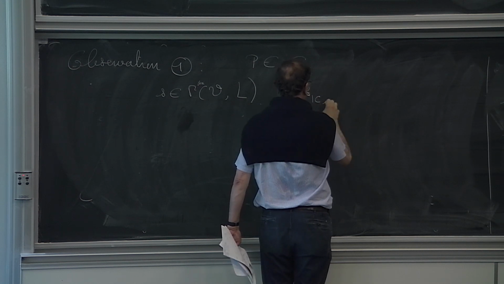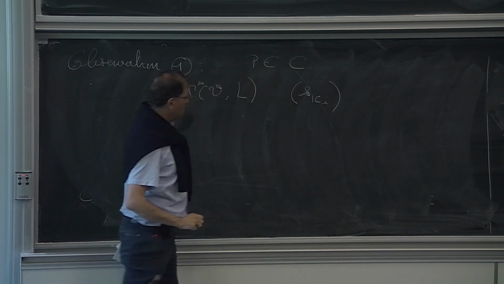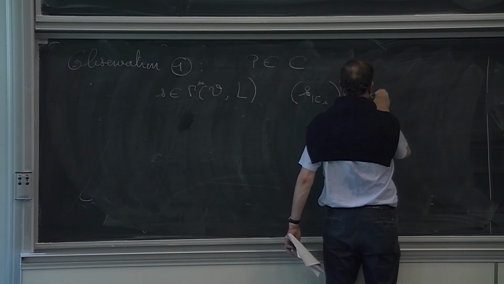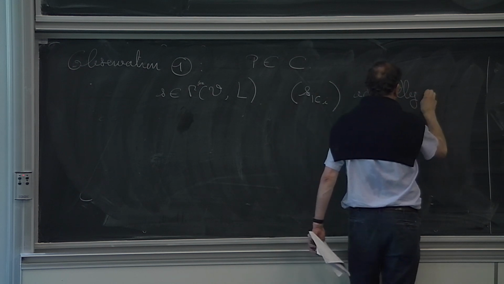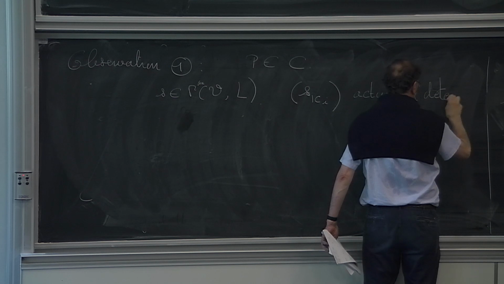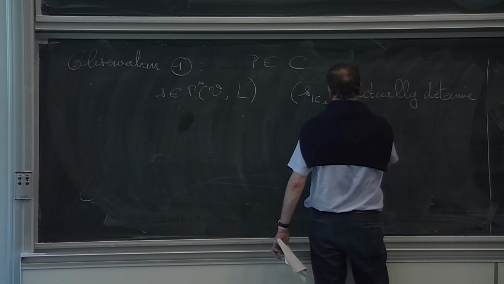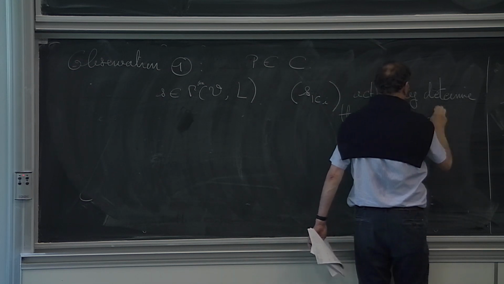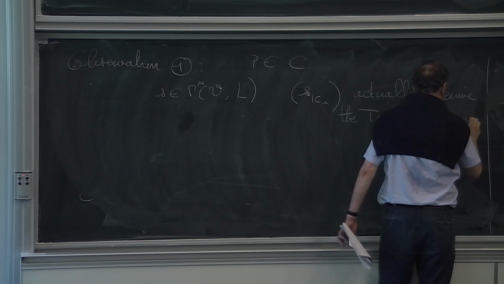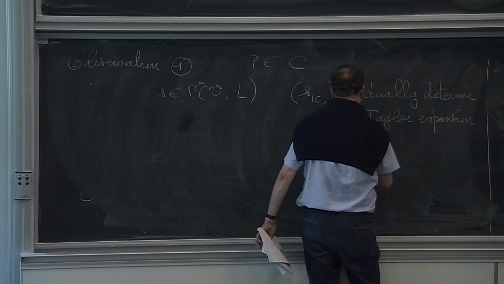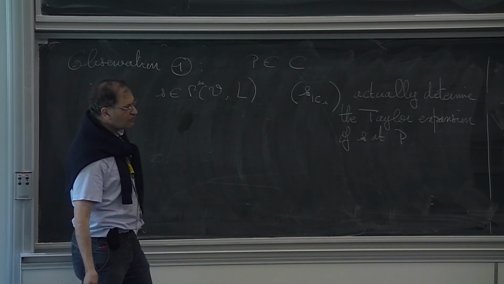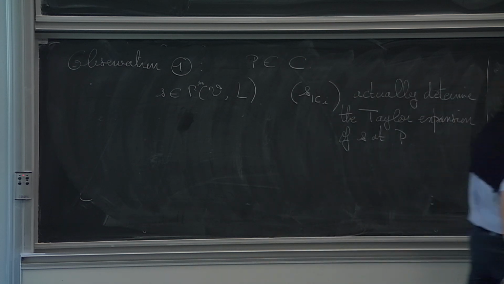the sequence of the restrictions of S along the second curve actually determines the Taylor expansion of S at P. And by analytic continuation, if this Taylor expansion is 0 at one point, the section has to be 0.